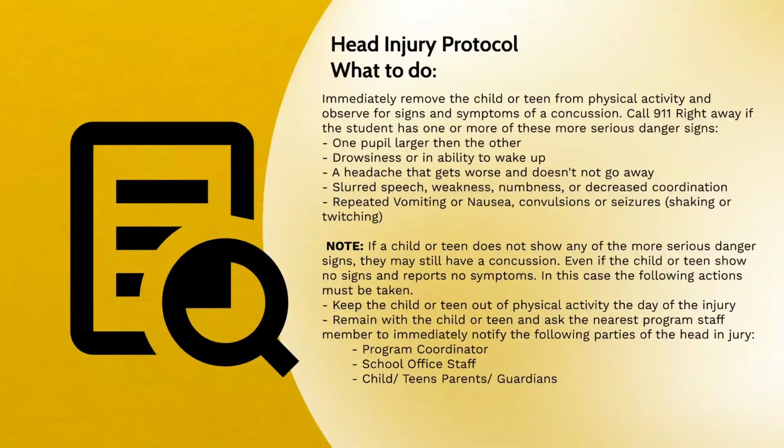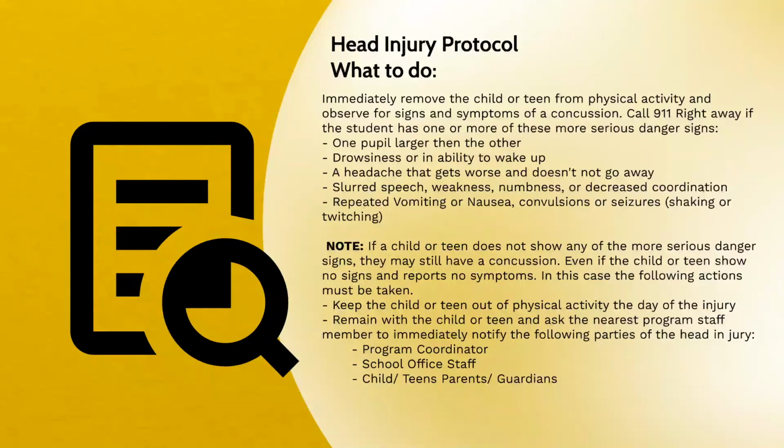And then with head injuries, what do you do? If a student has a head injury, any type of head injury, please immediately remove the child or teen from the physical activity and observe for signs and symptoms of a concussion. Those signs and symptoms were listed on the page before.